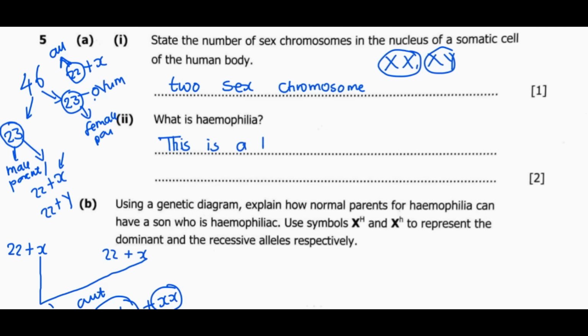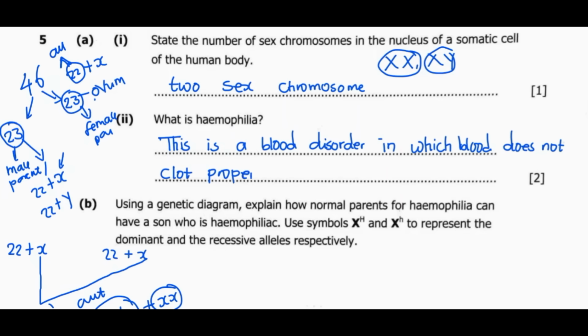So here, the point for hemophilia, remember, this can be defined in so many ways. So this is a blood disorder in which blood does not clot properly or normally, say due to low clotting factors.